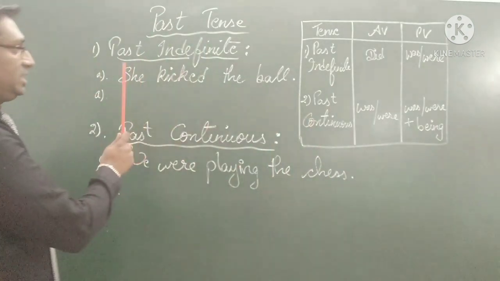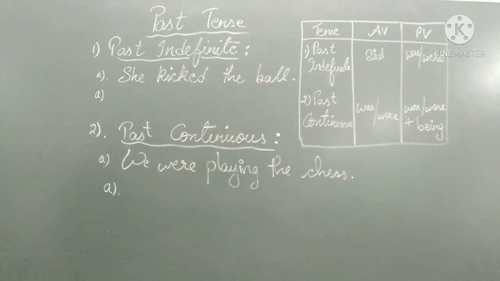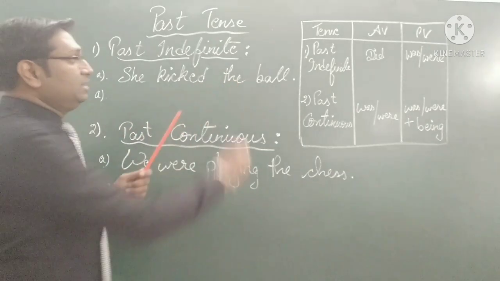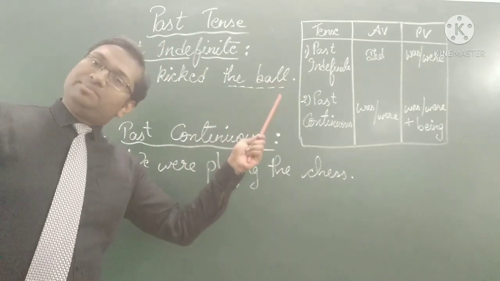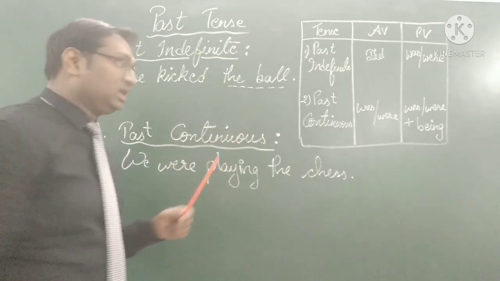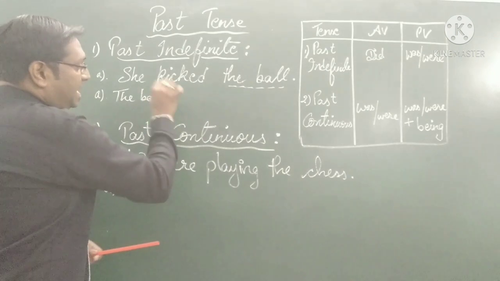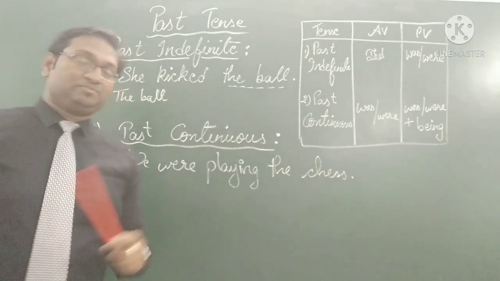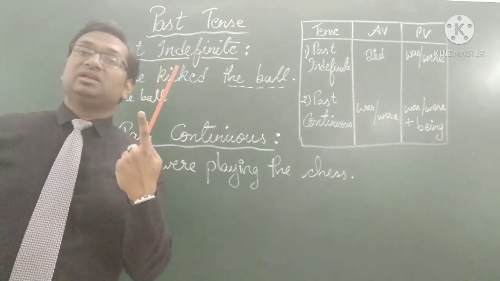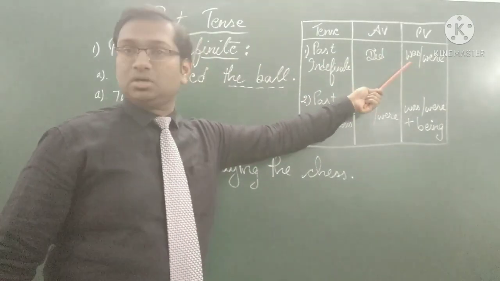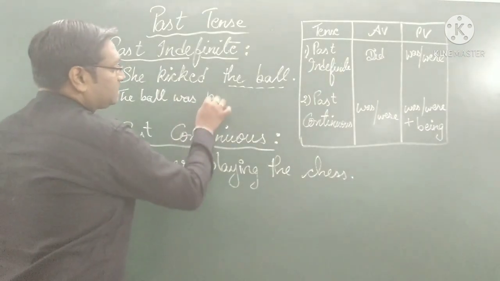Now over here, she kicked the ball. Here the ball is the object. So, according to the formula, the ball will come in front as the passive subject. The ball. Now ball is singular, so what are we going to use? Was. So the ball was kicked.